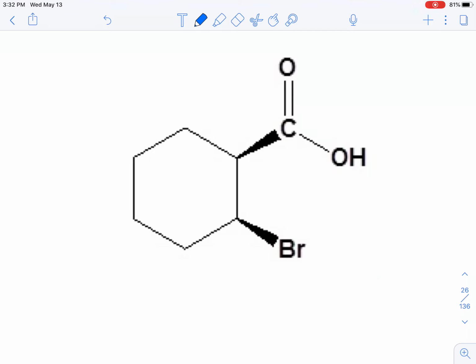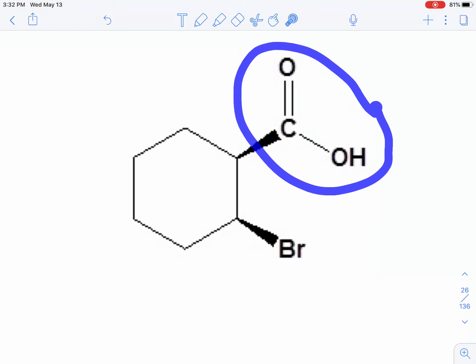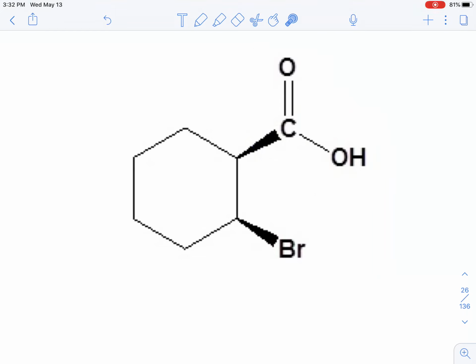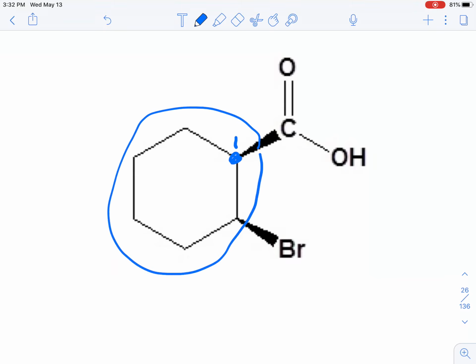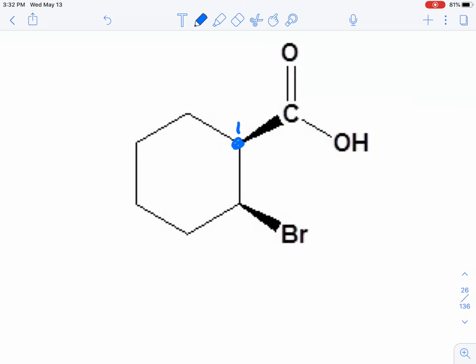And so for this example, we have a carboxylic acid, so we automatically know that this is going to be carbon number 1. And so what we want to do is name the parent ring. In this case, we have 1, 2, 3, 4, 5, 6.